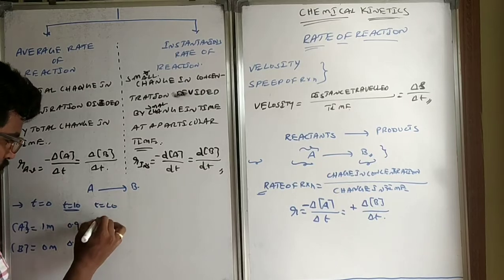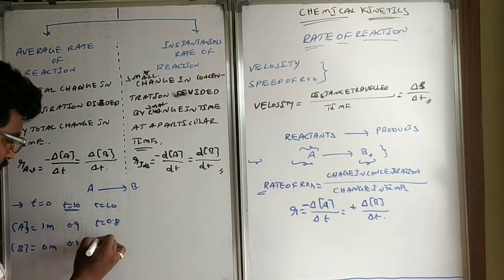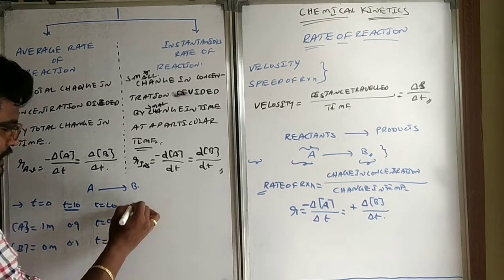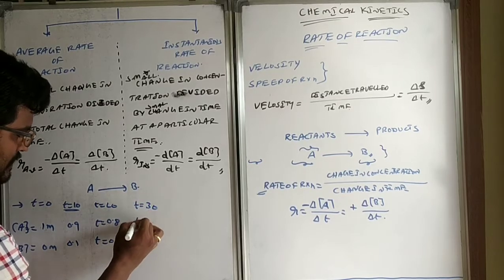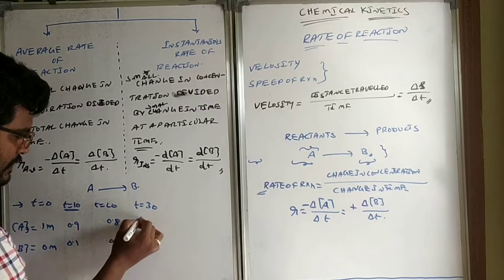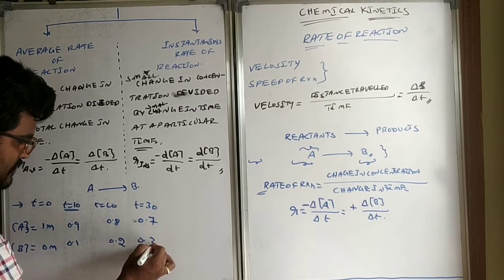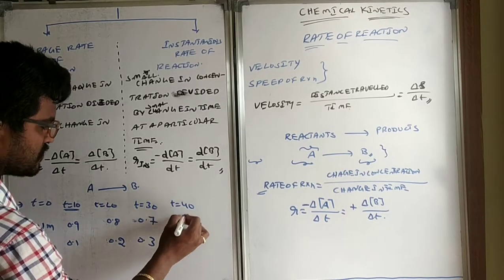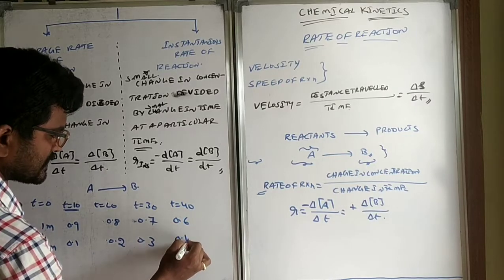When t equals 20, the concentration of A is 0.8 and B will be 0.2. At t equals 30, the concentration of A will be 0.7 and B 0.3. At t equals 40, it is 0.6 and 0.4.